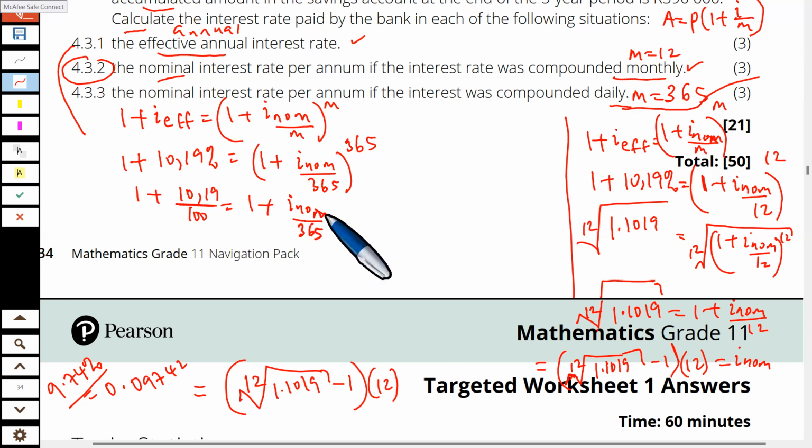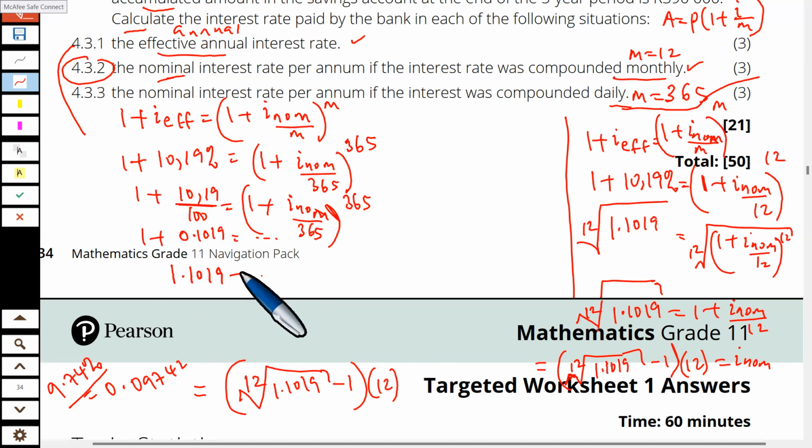Okay, divide by 100, it becomes what? 1 plus, it moves two places, 1.1019. I nominal divided by 365 to the power 365.